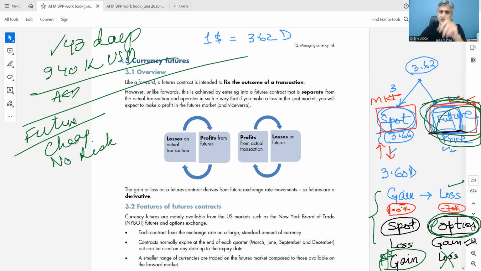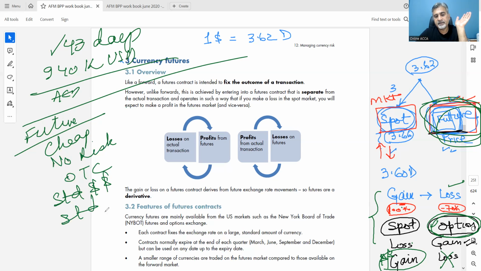Default risk is not there because when you do the questions, you will see marking the margins, and parties who are making the contract, they have to add up markups, etc. We did some questions. So it is an open market thing, available in the open market. And that's why prices are fixed and standard amounts and standard days.